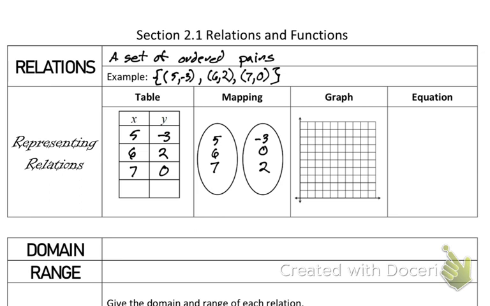Now it doesn't say that 5 goes to -3, 6 goes to 0, 7 goes to 2. You have to draw arrows to say where things map to. According to the table, 5 went to -3, 6 goes to 2 and 7 goes to 0. So when you're mapping things, the arrows are what tell you what things pair off with, not the order in which you list them.